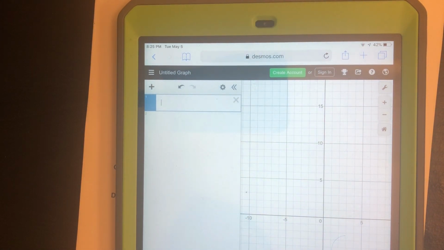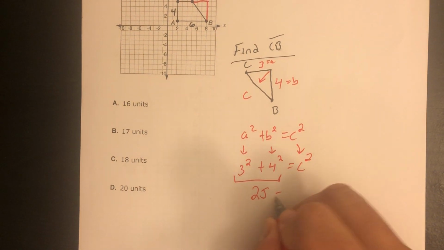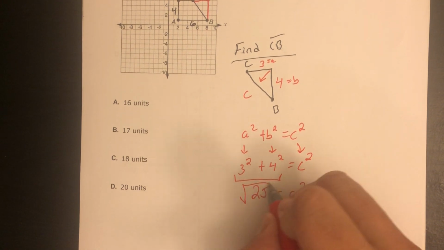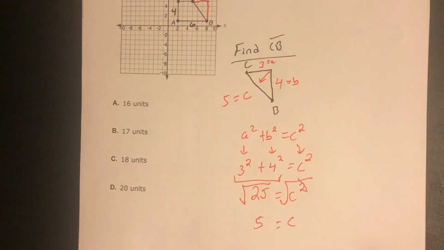Let's double check. Yep, which is 25. So 25 equals C squared. And then the opposite of a square is square root. So we're left with C equals 5. That means the missing side is 5.